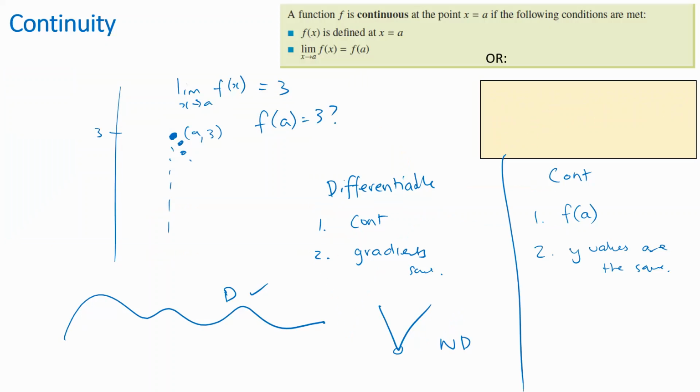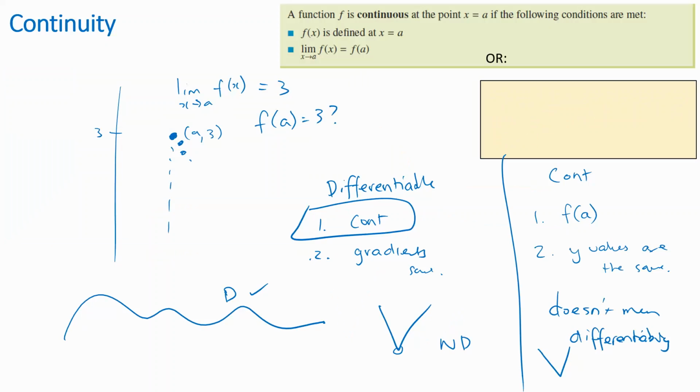Now what I'm saying is, just because this is continuous, it doesn't mean it's differentiable, as in the example of the modulus graph. Whereas over here, if you're differentiable, you have to be continuous. That's all I'm saying.